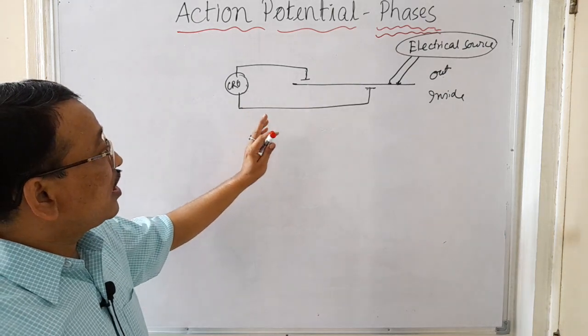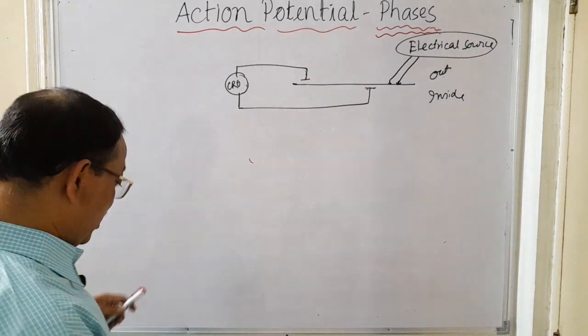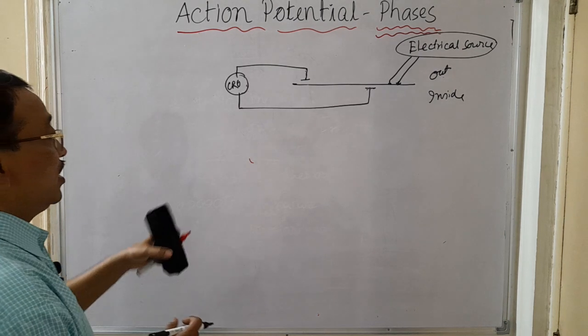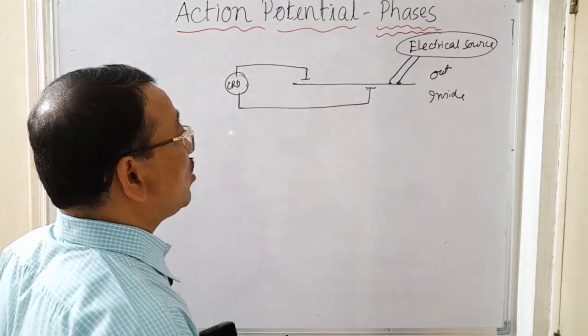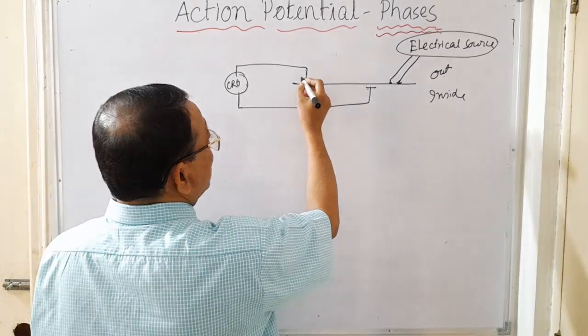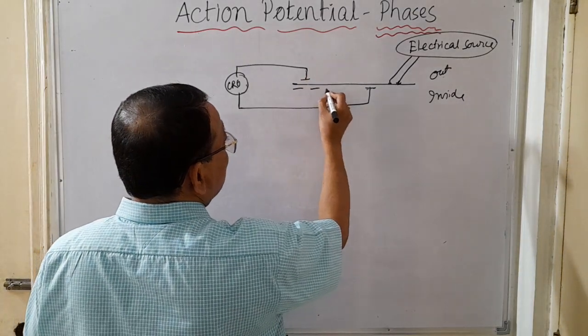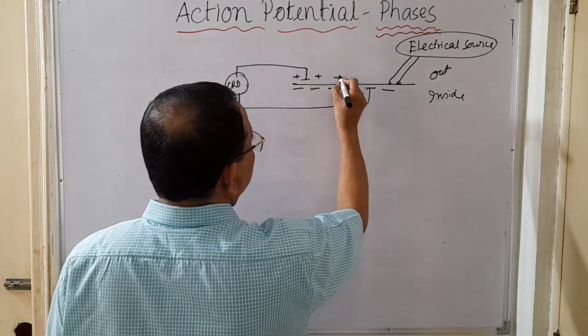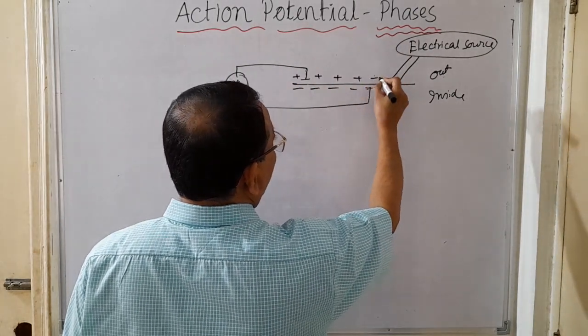Now, if this recording is done, what type of change of the membrane potential will take place? As I told, in the resting condition, the inside of the cell membrane was electronegative and the outside was electropositive.